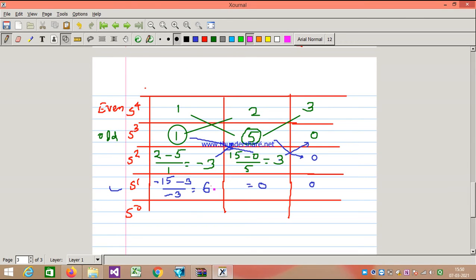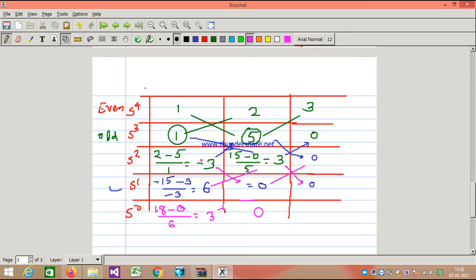So 6 into 3 is 18, minus 3 into 0 is 0, divided by 6. So 18 divided by 6 becomes 3. Now 0 into 0 is 0, so it becomes 0. Okay, so last we get 3.